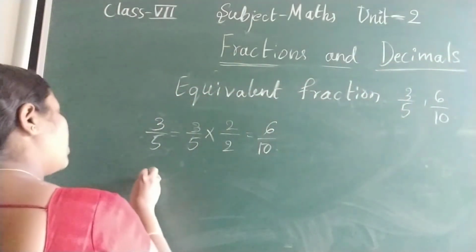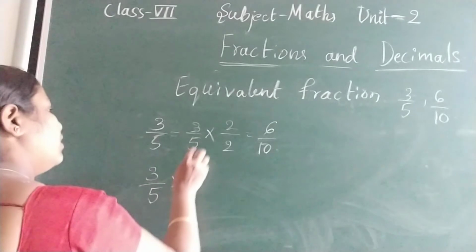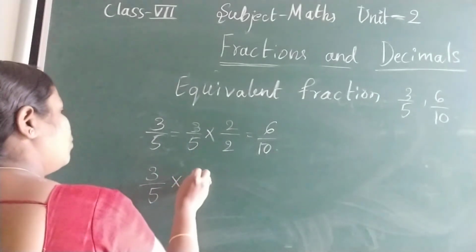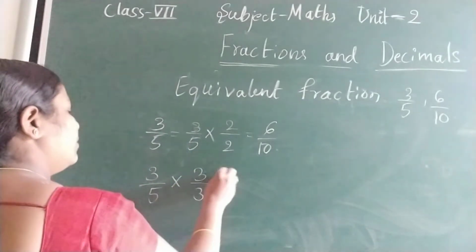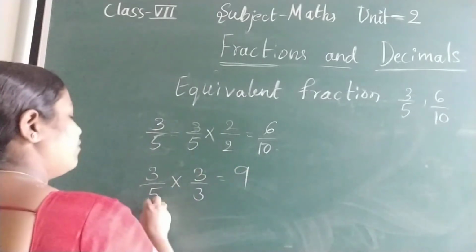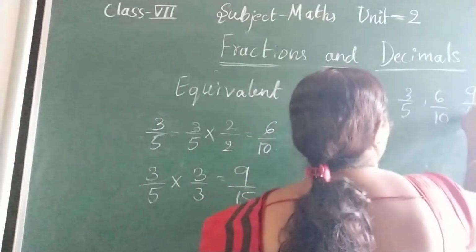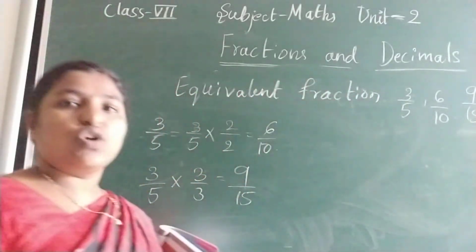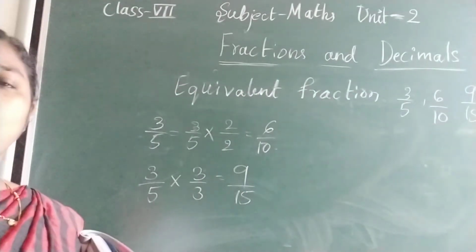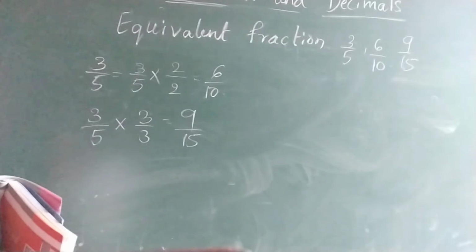After that, one more. 3 by 5 into 3 by 3. 3 3s are 9, 5 3s are 15. So 9 by 15 is also an equivalent fraction.